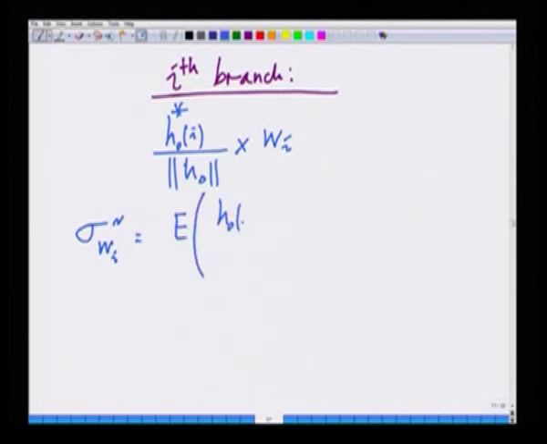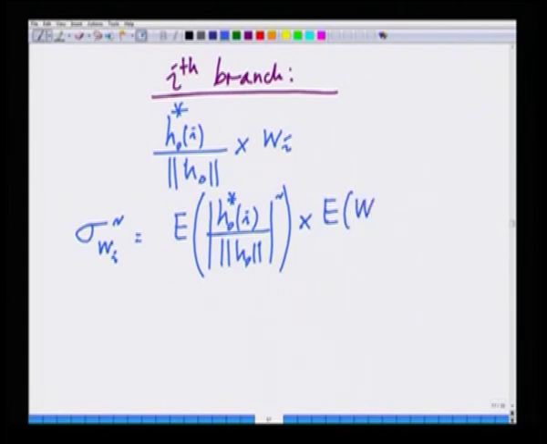H 0 i conjugate divided by magnitude H 0 magnitude square times expected W i square, or expected magnitude W i square, which is nothing but the power in the noise.